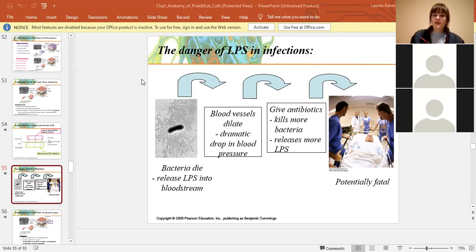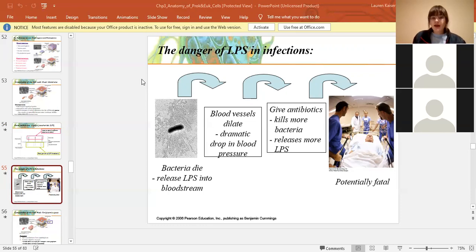So when we give more antibiotics, we're killing more and more. If the bacteria dying was what's causing this shock, killing even more is going to cause it to release a slew of LPS and a slew of this endotoxin. So we're going to continue to do this, and the patient's going to get worse, and we're like, what's happening? Why is this happening? Eventually, if we continue this cycle, it could be fatal. So it's very dangerous.